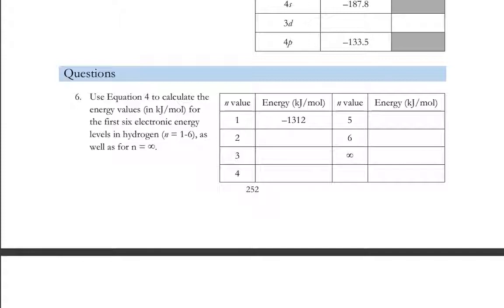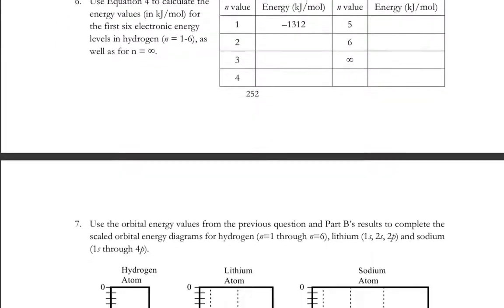Do that one. So you are using equation 4, which is the usual equation you're used to, and you're putting in values for n, and you are converting from joules to kilojoules per mole. So that's what's needed for this table, question 6.